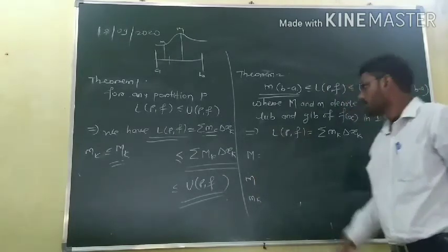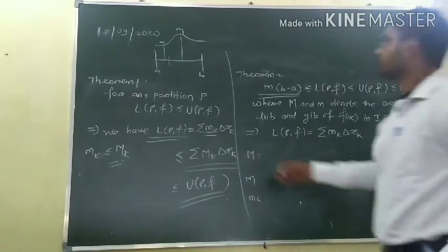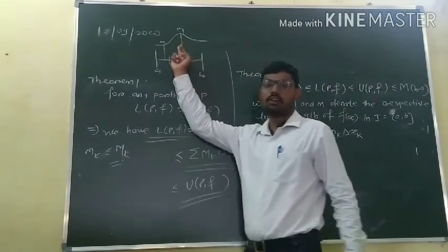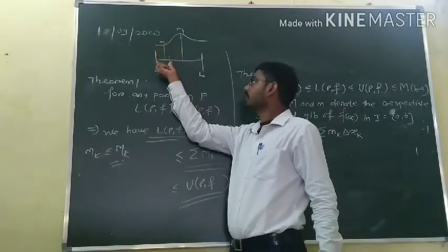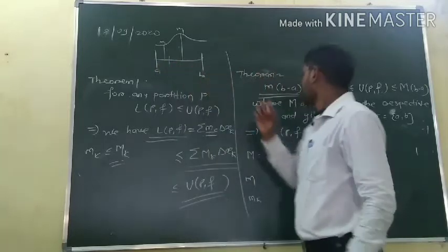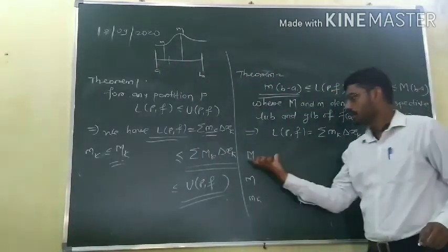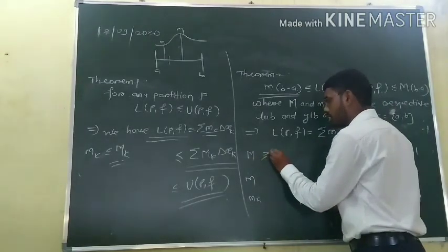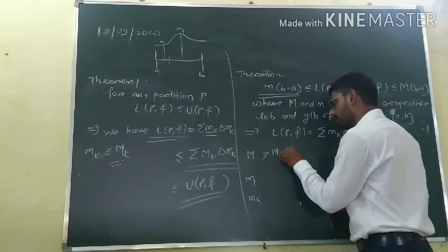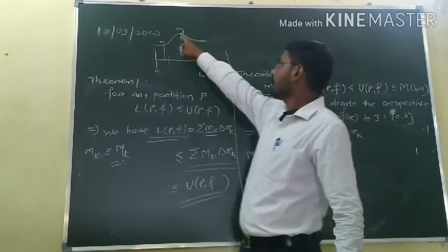Okay, so again, now see, this is the maximum value of the function in the whole interval, and this is the maximum value of the function in this interval. Now the maximum value of the function in the whole interval, that is M, is always greater than or equal to the maximum value of the function in a subinterval. Okay, see, the maximum value is the highest value.